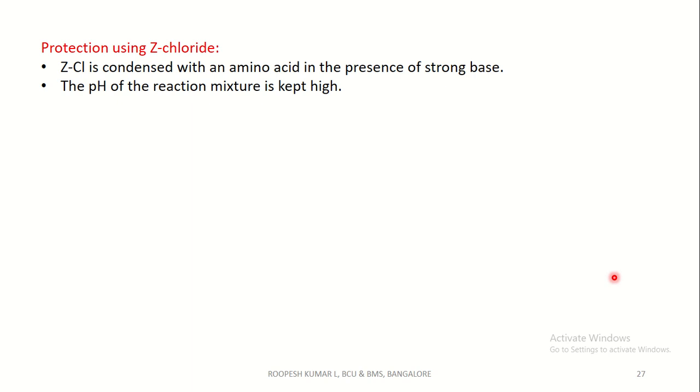And protection of amino group using this Z chloride: Z chloride is condensed with an amino acid in the presence of a strong base. And the pH of the reaction mixture is generally kept high.